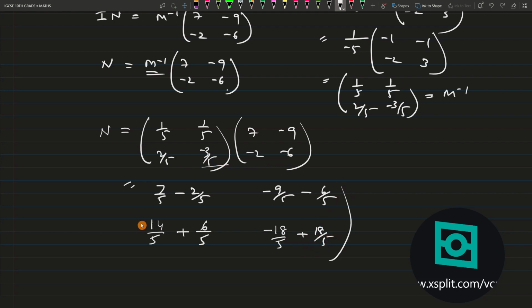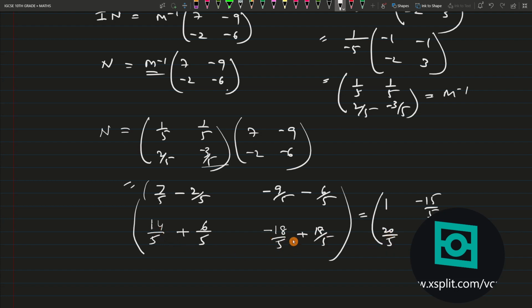This will be that matrix. So your N will be, now let us simplify this. This will be 7 minus 2 is 5 upon 5, that is 1. This will be minus 9 minus 6 is minus 15 upon 5. This will become 16 plus 6 plus 14 is 20 upon 5.